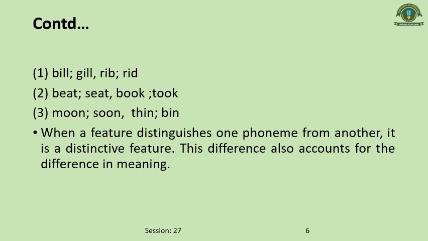Same is the case with book and took. Okay? Book and took. B-u-k and t-u-k. Then, for example, moon and soon. We have m-u-n. And we have s-u-n. Soon.